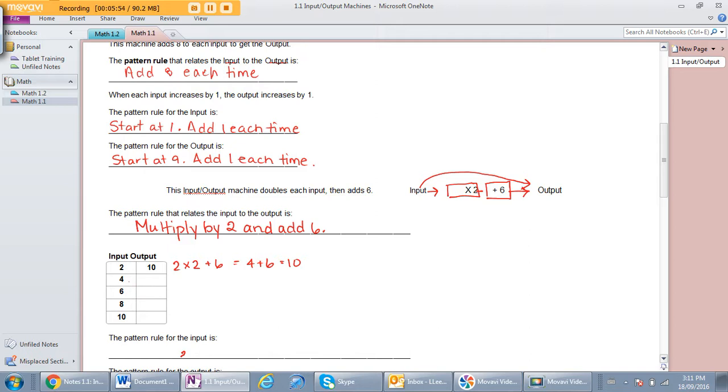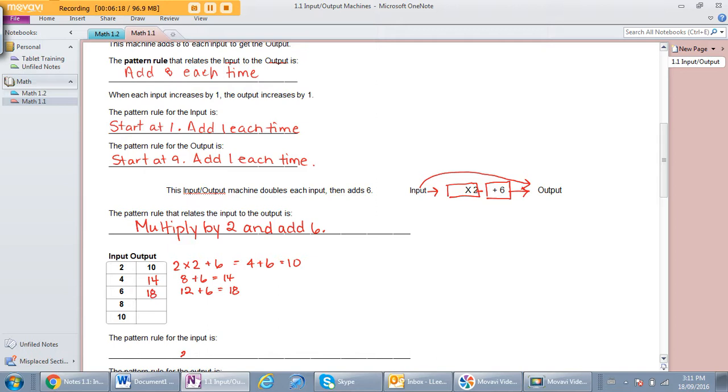For the number 4, I know that 4 times 2 is 8, and 8 plus 6 is 14. 6 times 2 is 12, plus 6 more, then equals 18.